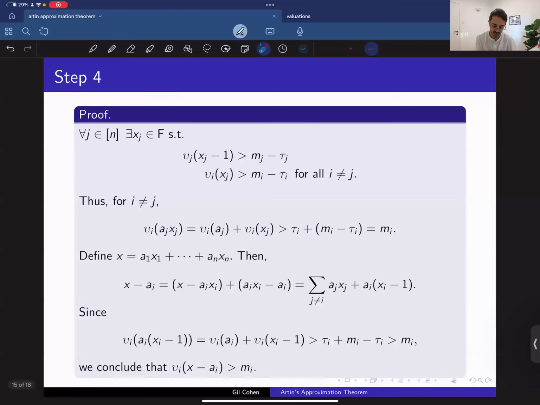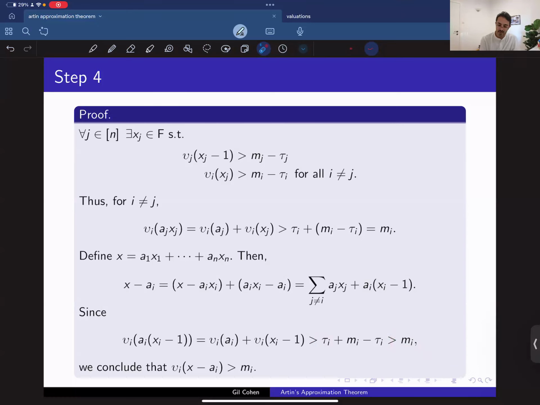And vi of xi minus 1 is at least mi minus tau i. That's what's written here with j's, but think of them as i's. And so this is equal to mi, with a little typo here, but it shows that vi of this thing is strictly larger than mi.